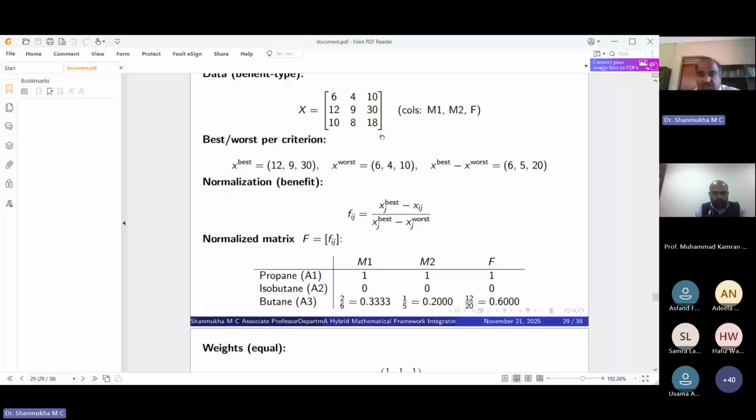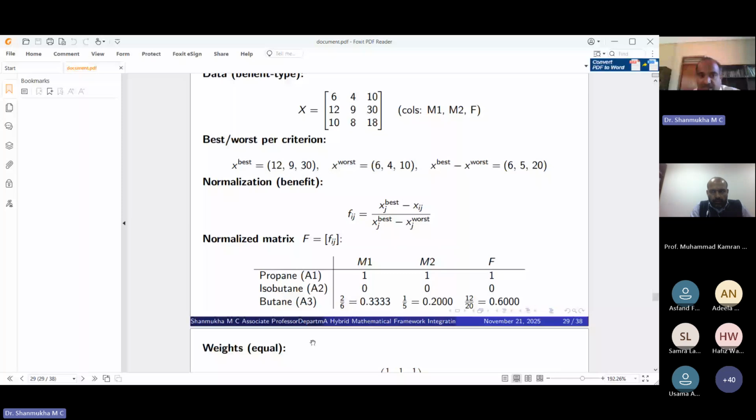Next, we move on to the butane structure. Here Xj best is 12, 12 minus Xij, which is 10, so 12 minus 10 is 2. 2 upon the difference value 6, that is equal to 2 upon 6.